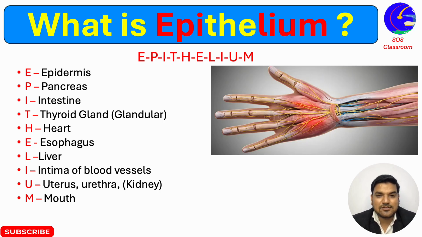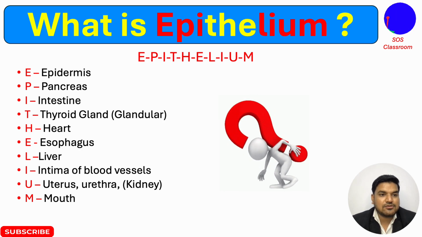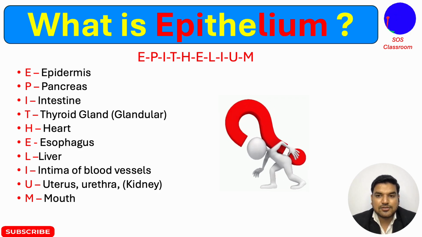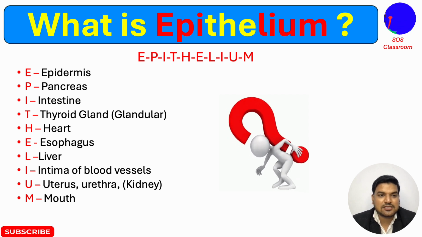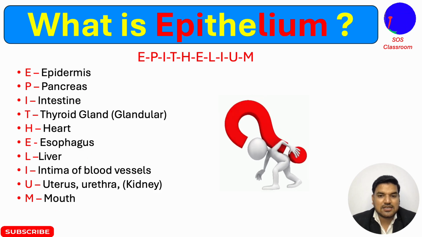So by the name itself, we can find out that this type of tissue is present in different body cavities, body organs, the covering of the body and internal structures, glands, blood vessels, etc. I hope your doubt is clear about where it is present. There are different types of epithelium tissue we will discuss, but first we have to know where it is present.